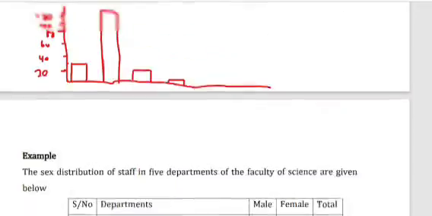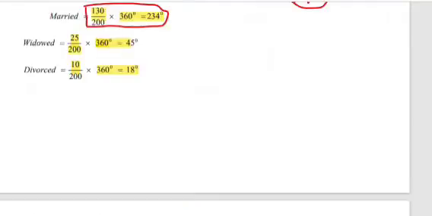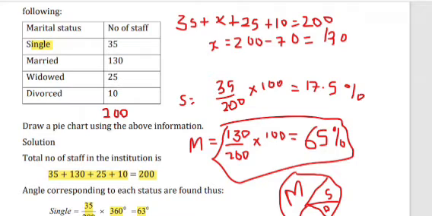Let me go back to that table. Okay, this is the table. We have 35, 130, 25, and 10.